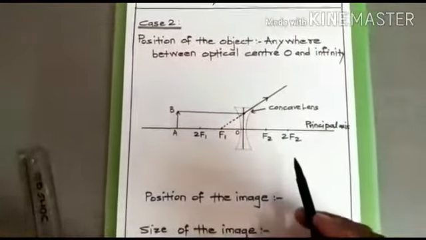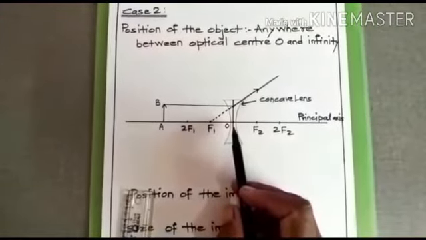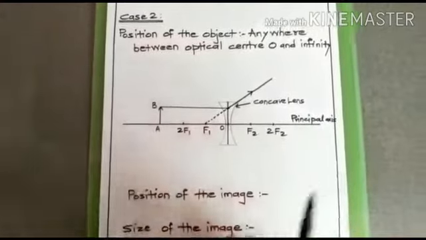We know that when the incident ray passes through the optical center of the lens, it passes without changing its direction.